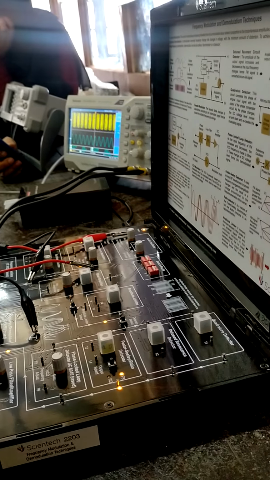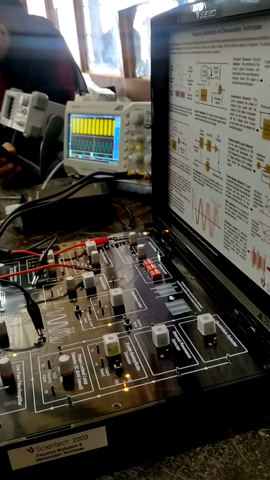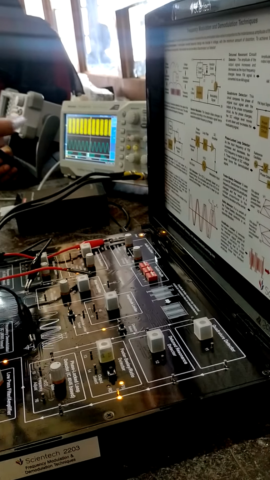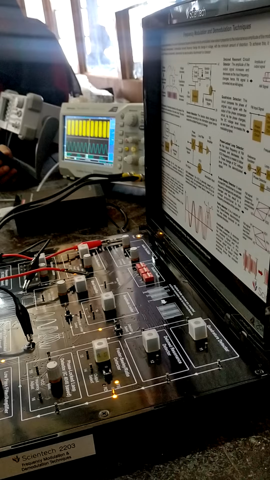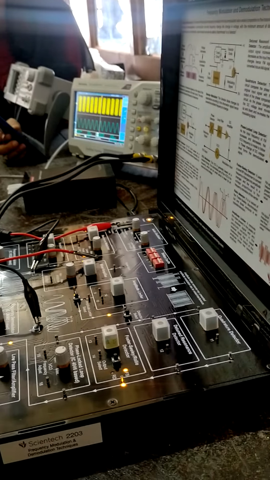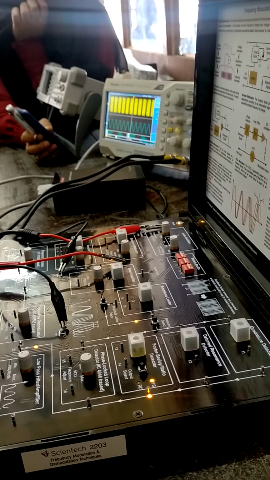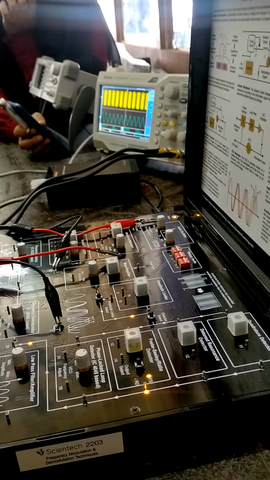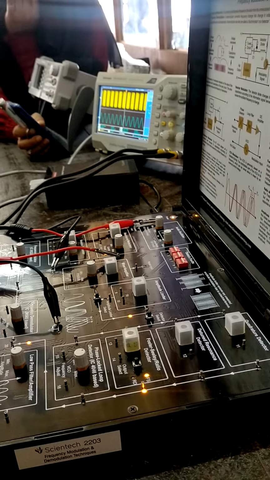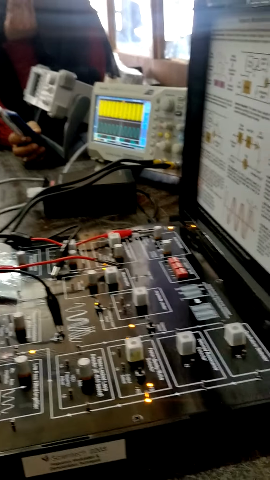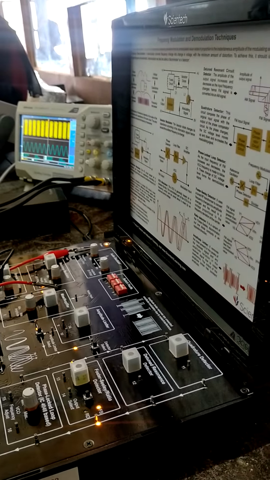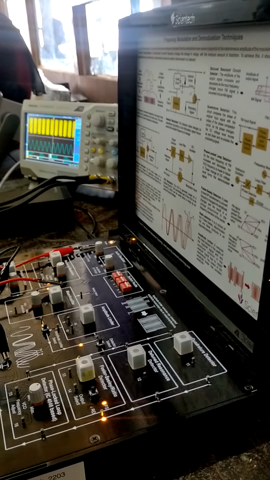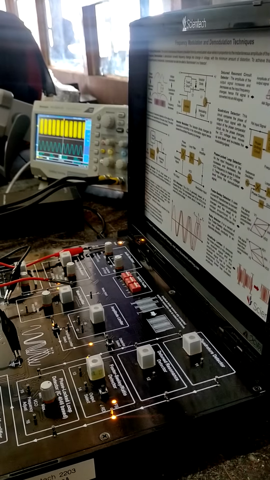After doing this, what we do in FM, we do not provide any data in the amplitude of the carrier signal. So sometimes what happens is that noise or interference comes inside the modulator. Okay, so we use an amplitude limiter circuit in order to limit the amplitude of the FM signal that we are generating, so that any noise or interference which varies the amplitude of the carrier does not affect our detected signal, because we are not storing our message in the amplitude now.